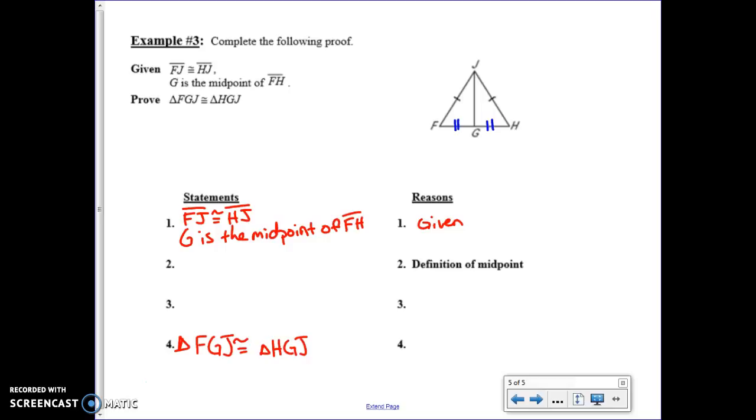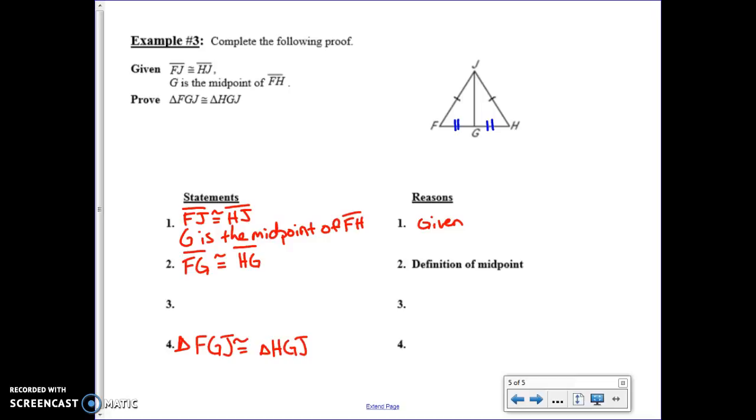So I want to make sure I'm going in the same order. So I'm going to go outside to inside here so that I have FG is congruent to HG. Those two pieces match up. They're the same length. Okay?